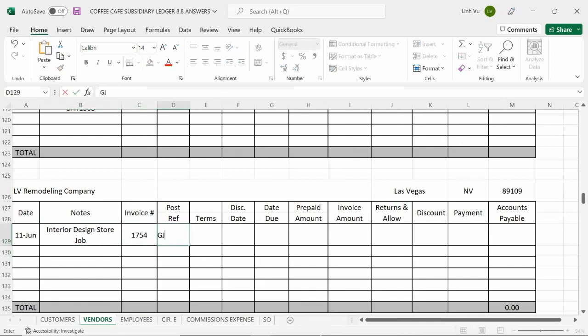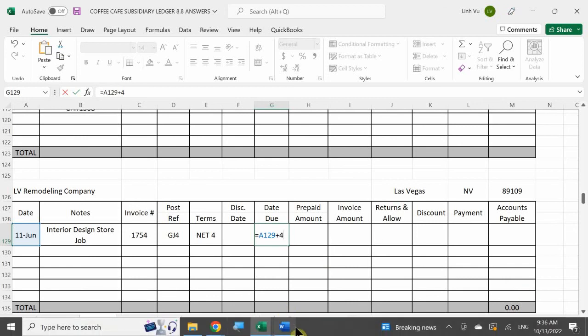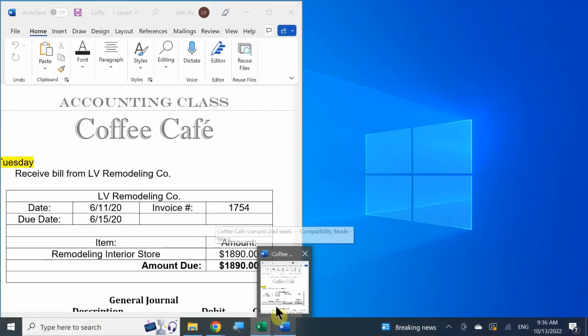1754 was my invoice. We're on general journal page 4. Did we receive terms? Yes, right? It wasn't a discount, but we have 4 days to pay this bill. So when is the due date for this bill? The 15th?